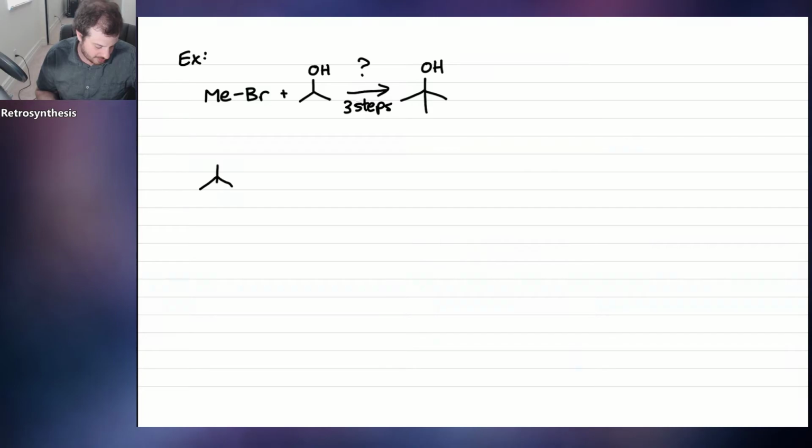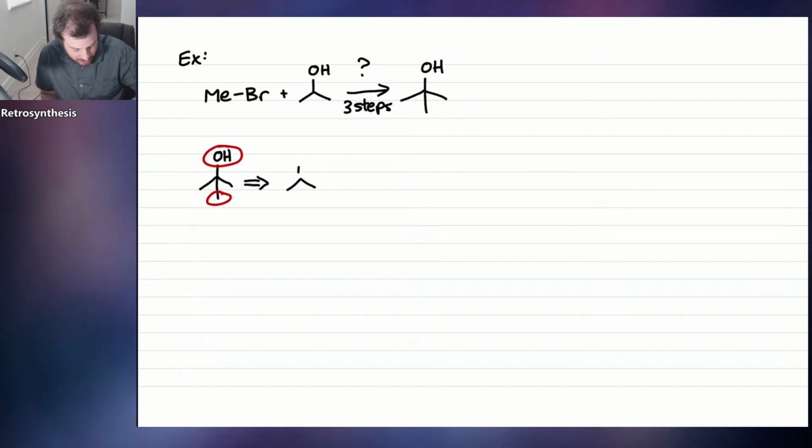Start with our product and work backward from our product. What we can see is that we have new carbon attached, alpha, to an alcohol. So we'll remove that carbon and oxidize our alcohol.